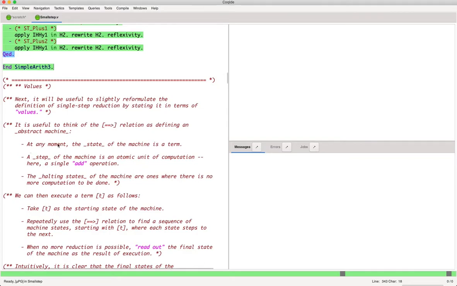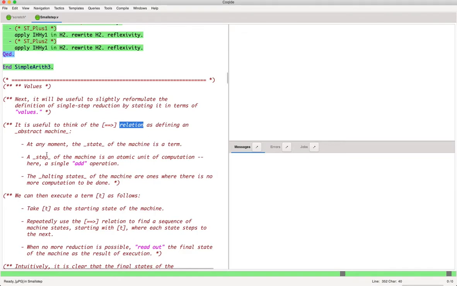If you think of this relation, it's quite useful to think of it as an abstract machine. An abstract machine is just like a real machine, except it's a software constructed thing. We can think of this as an abstract machine by saying the state of the machine is always just the term or the program fragment that we're evaluating at the moment.